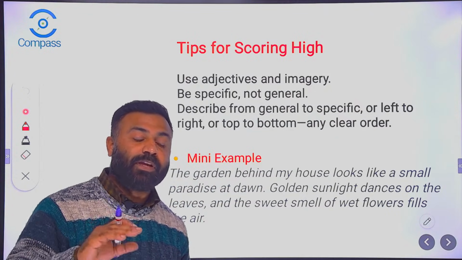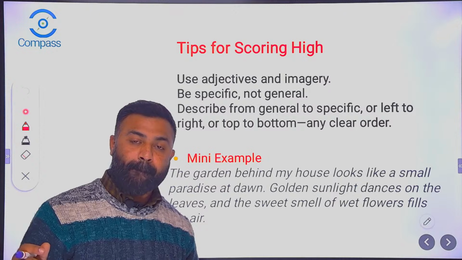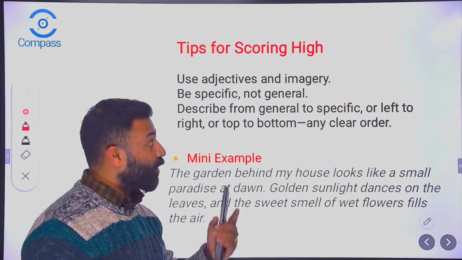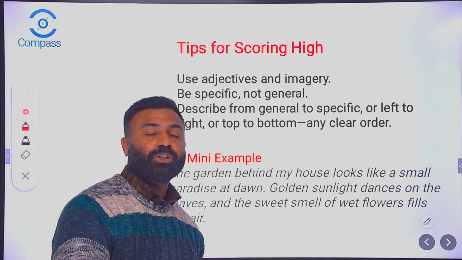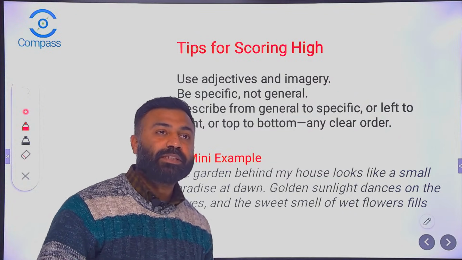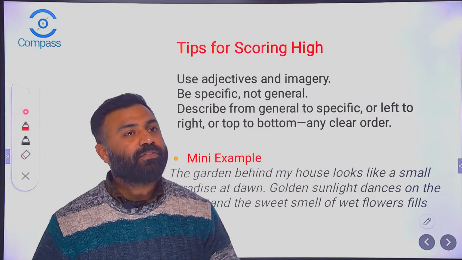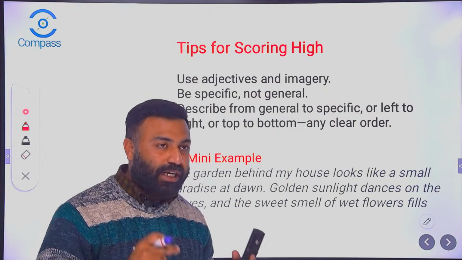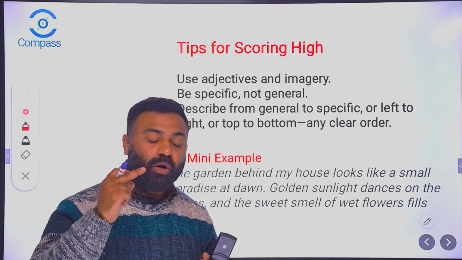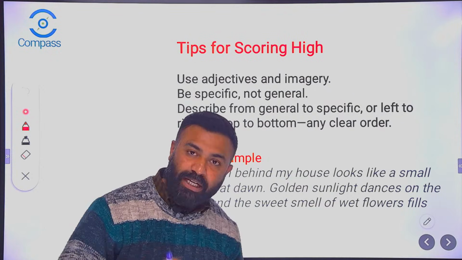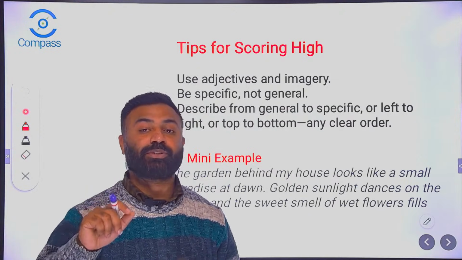Suppose you get to read about something, for example, let me give you what is an imagery. Suppose you read, the birds were chirping, the cool breeze was blowing, and the flowers were dancing. Now it creates a picture in your mind, and not only are you just reading, but you get to imagine that. That is called imagery.